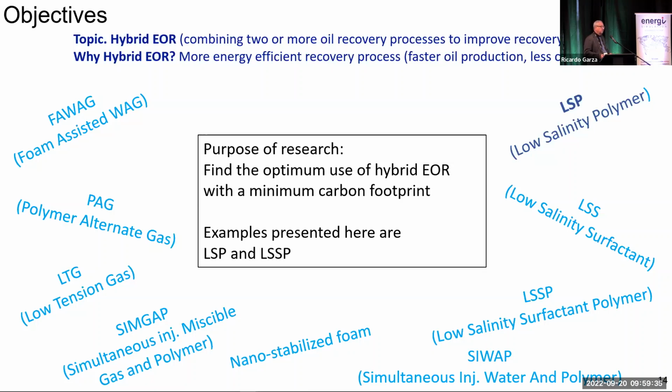If you can get away with combining it like this, with low salinity polymer, we will see that we are then gaining a process where the polymer is more efficient at low salinity, gives you higher viscosity, and you can go with lower concentration. So lower concentration means less carbon footprint on the production side of the chemicals. And that would be a benefit, because you are doing a more efficient process.